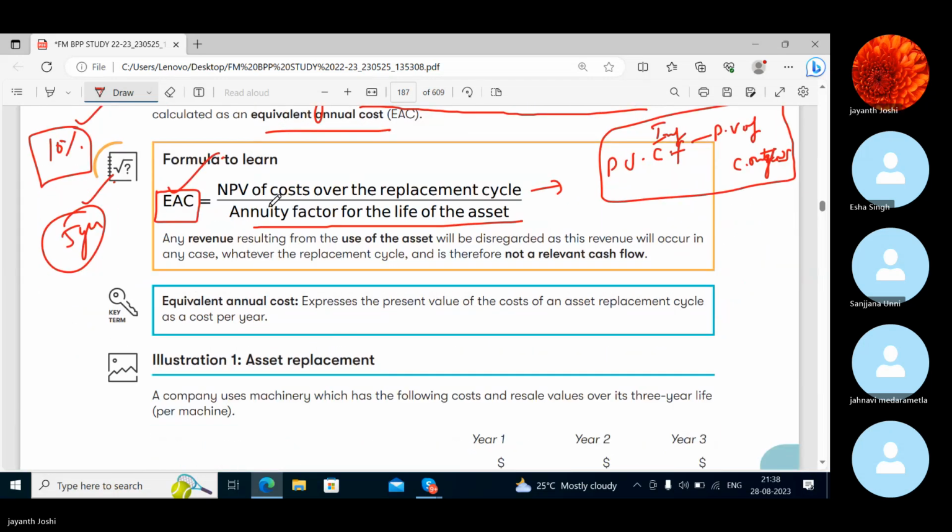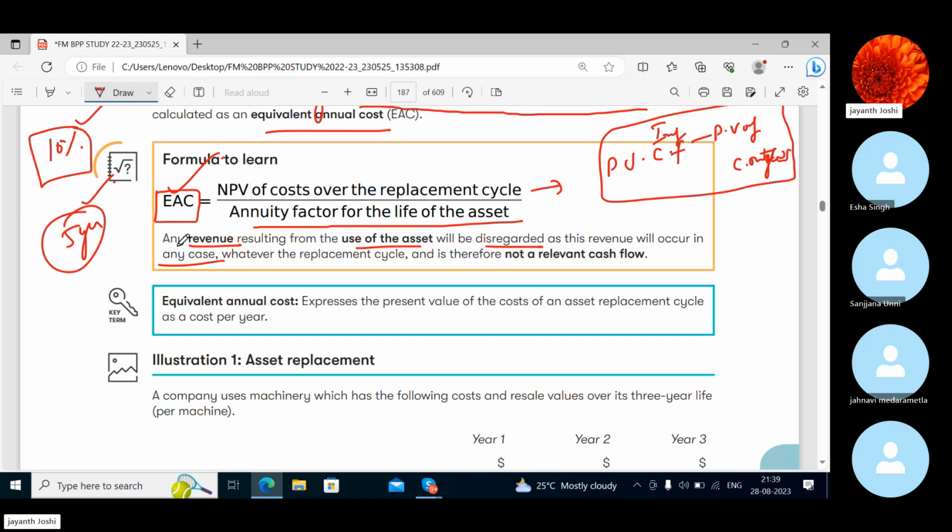Now, any revenue resulting from the use of the asset will be disregarded as this revenue will occur in any case. That means it is irrelevant that the asset will definitely be giving you revenues, because you bought the asset for usage purpose, right?